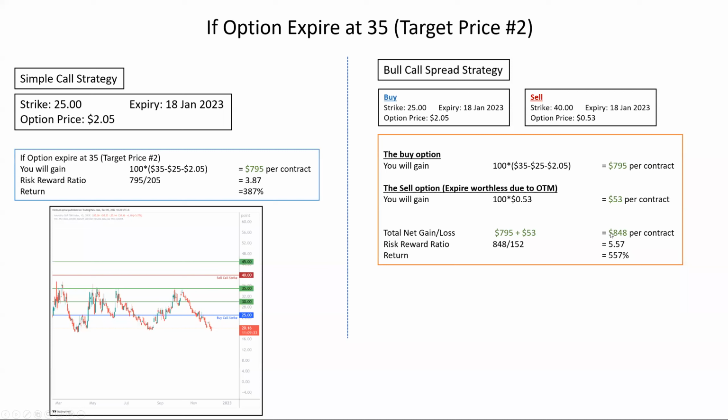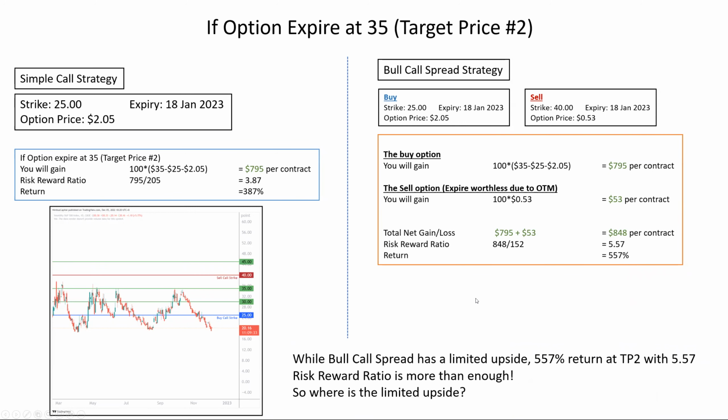So in this case, you are going to get $848 because 795 plus 53, and your risk reward ratio is 848 divided by 152 because your overall risk is also reduced. So now you get a risk reward ratio of 5.57, which is so much higher than 3.87. So your return is also a lot higher, 557%.